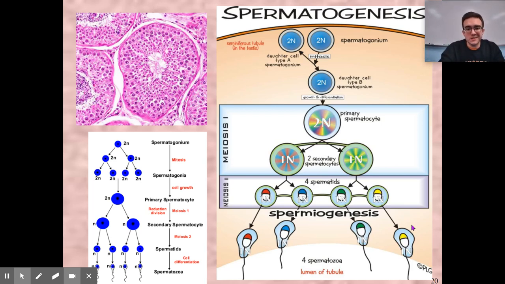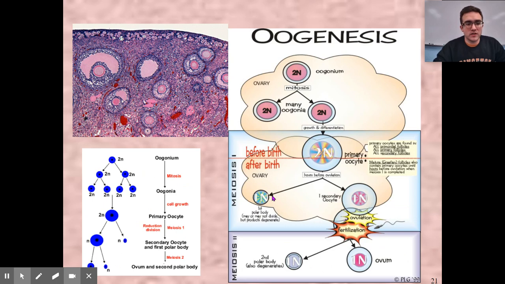For females, the process is a little bit different. It's called oogenesis, which is just the process of making eggs. One, females are born with the set number of eggs that they'll have for their entire lifetime, so they don't make eggs throughout their lifetime like males do with sperm.